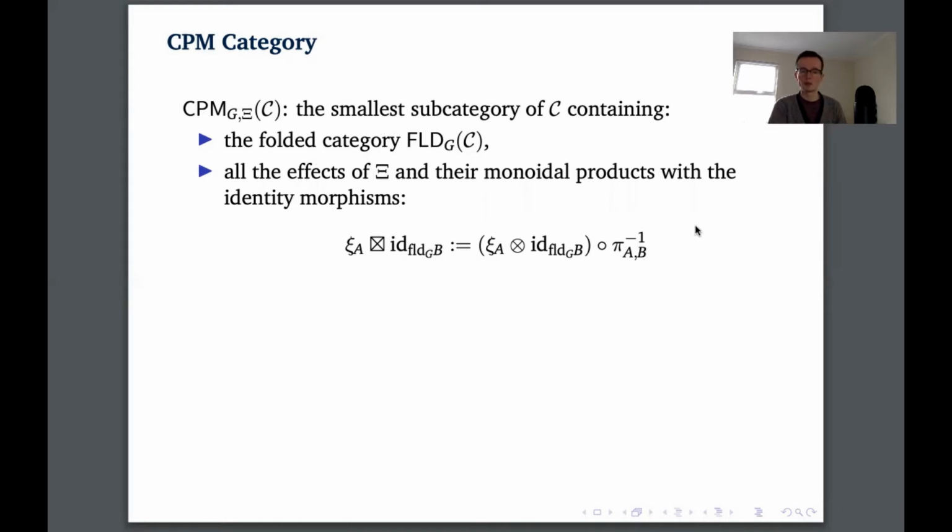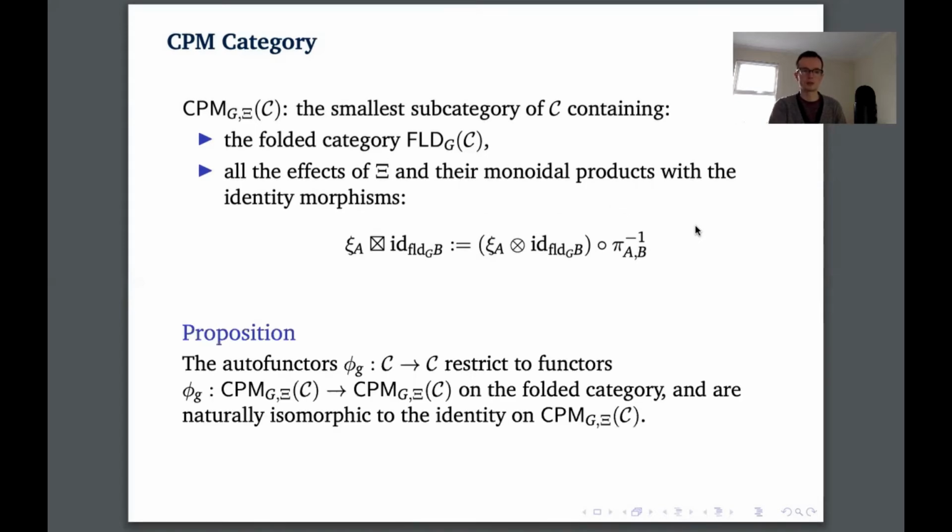Now, like the folded category, the CPM category is essentially invariant under the action of G. So once again, these autofunctors restrict to functors on the CPM category, and here they're naturally isomorphic to the identity. This basically happens because the folded category is essentially invariant under these functors, and we picked effects that by definition were also.